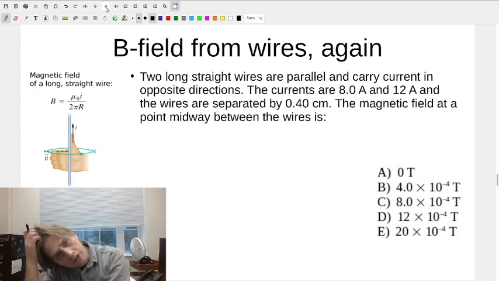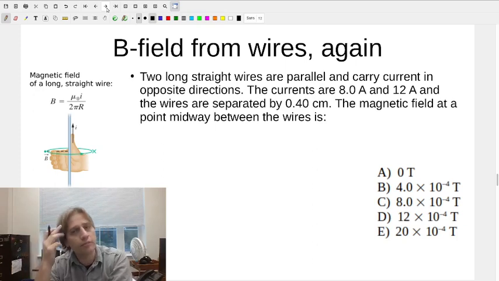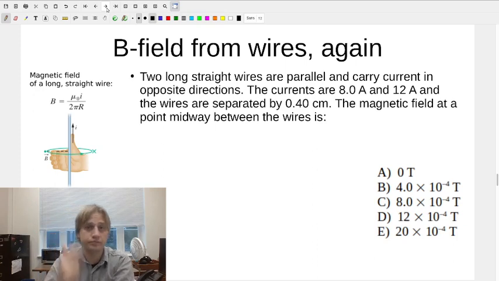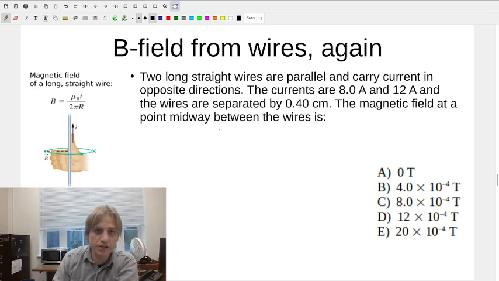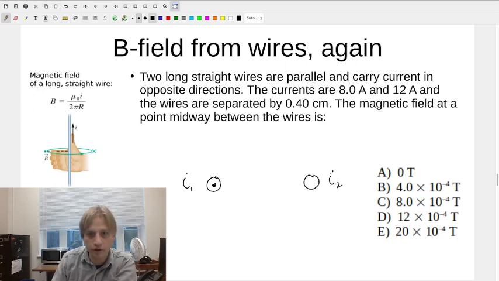Now, on the review sheet, I gave you a similar problem that I believe is also worth your attention. And so let me sketch this out. It says 2 long straight wires are parallel and carry current in opposite directions. So let me draw this like the following. Let's say that I have current 1 going out of the board, out of the page, and current 2 going into the page. Okay, so they're carrying opposite directions of current.